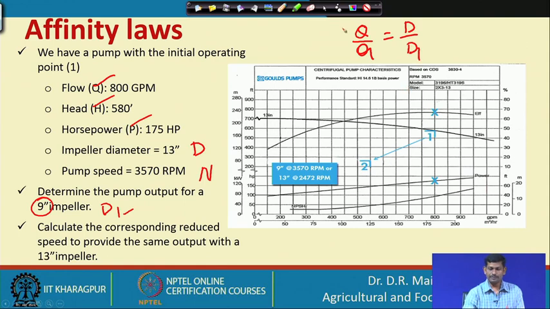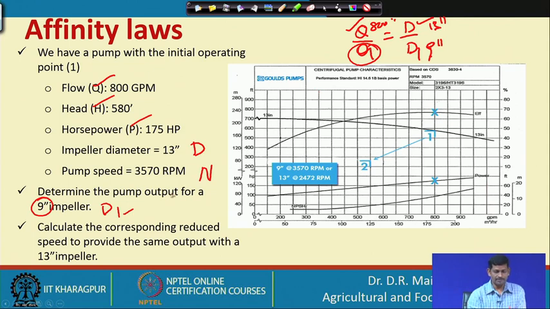Q is given, D is given, and what is Q1 for D1? D1 is 9-inch and D is 13-inch, and Q is 800 GPM. This is simple math, you can calculate Q1.